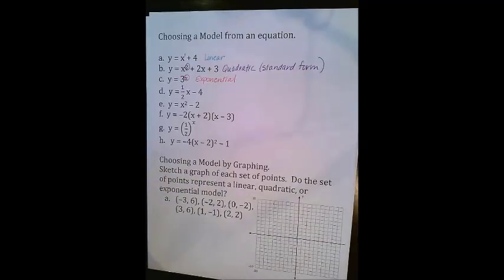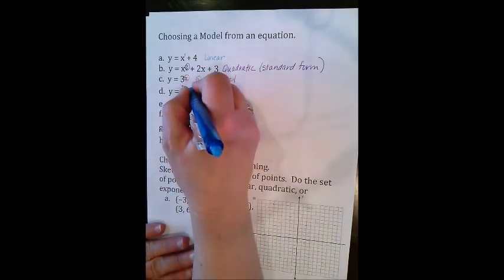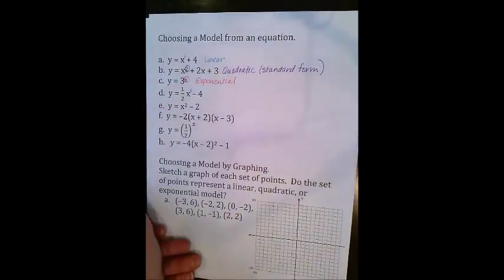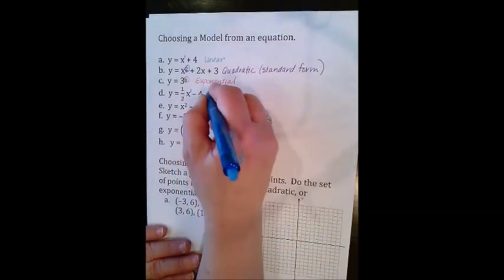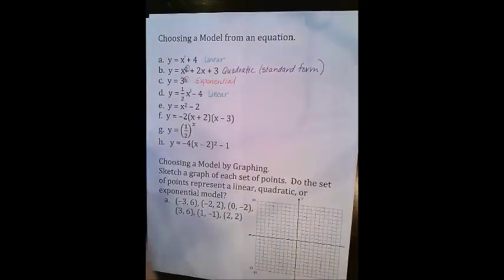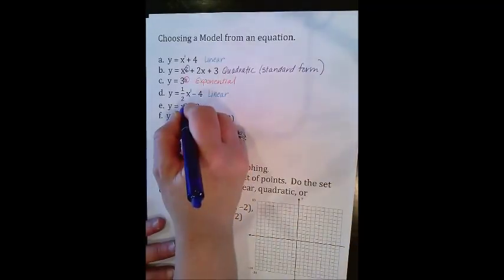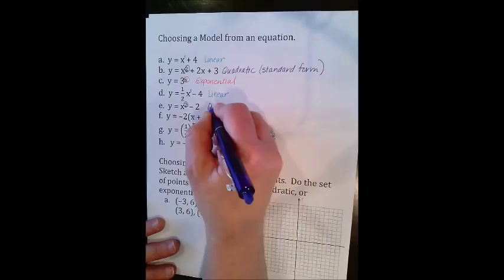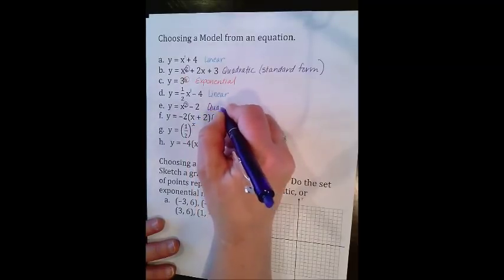Next one, I'm going to go back and look at the exponent. My degree is 1. That's the largest exponent I have. So this is linear. On the next one, I have a degree of 2. We know that 2 means it's quadratic. My next question is going to be, what form is it?